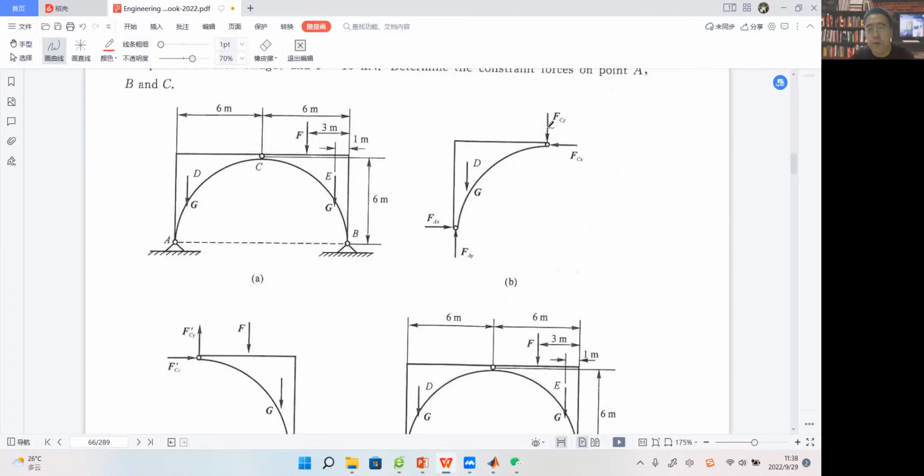And we also free AC from the whole system. We use this FCX and FCY to denote the action from BC to AC. This is the gravitational force of this part, so we just leave that at the original point.